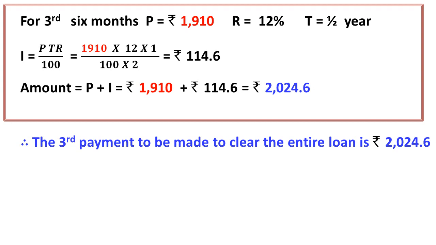As it is given that he is going to make the third payment in such a way that he clears his account, the third payment he has to make to clear his entire loan is nothing but the amount due at the end of the third 6 months, rupees 2,024.6. By this we have completed the first 5 problems of exercise 2B.